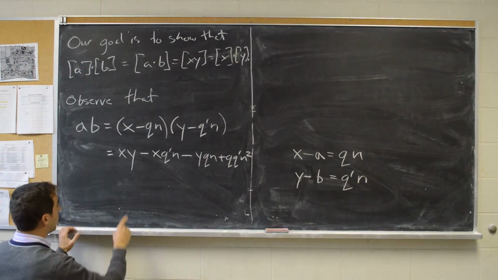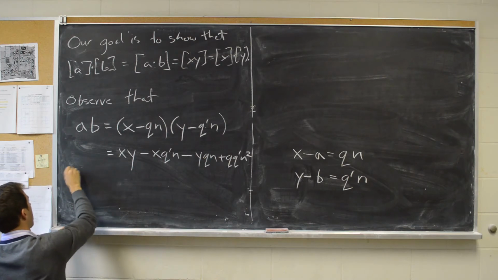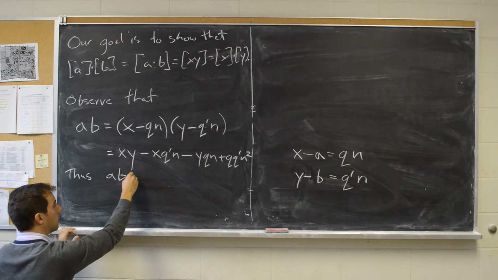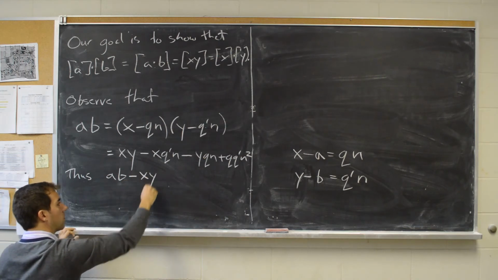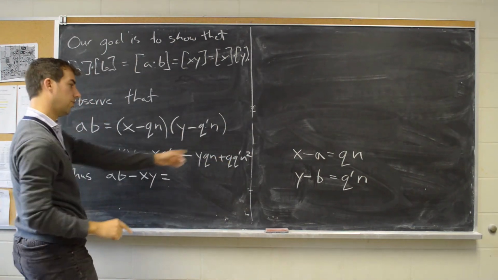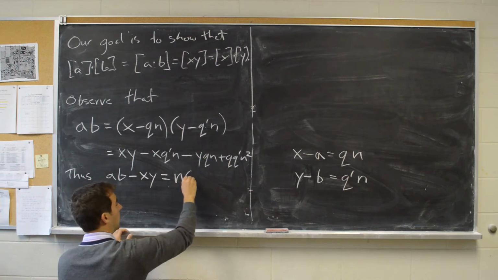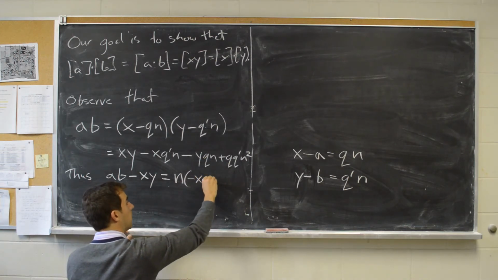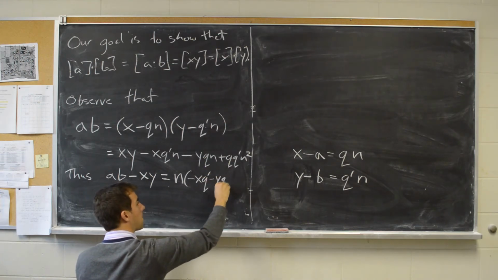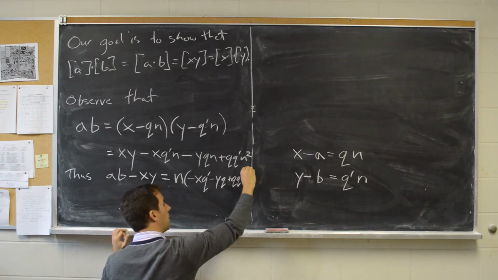So what I want to do with this is move x times y over to the left-hand side. So I'm going to get a times b minus x times y is equal to, and now with the remaining stuff, all of this is divisible by n. So I can pull out a factor of n, and I'm left with minus x q prime minus y q plus q q prime n, and then an n.